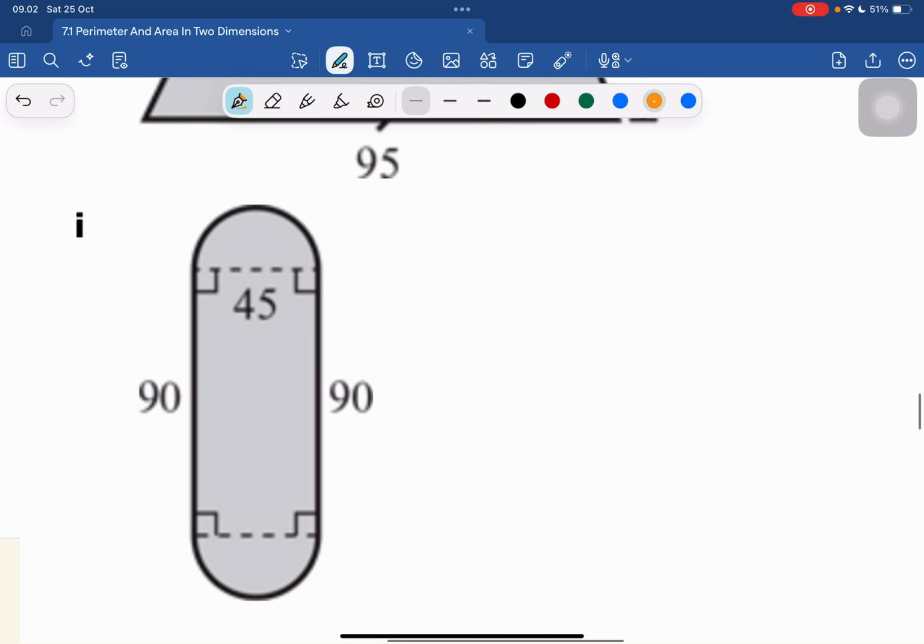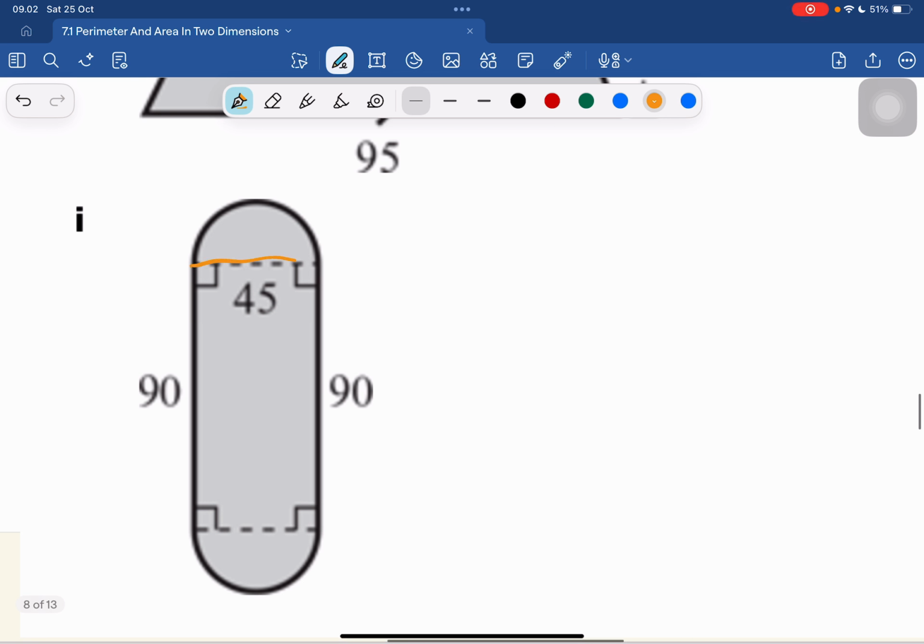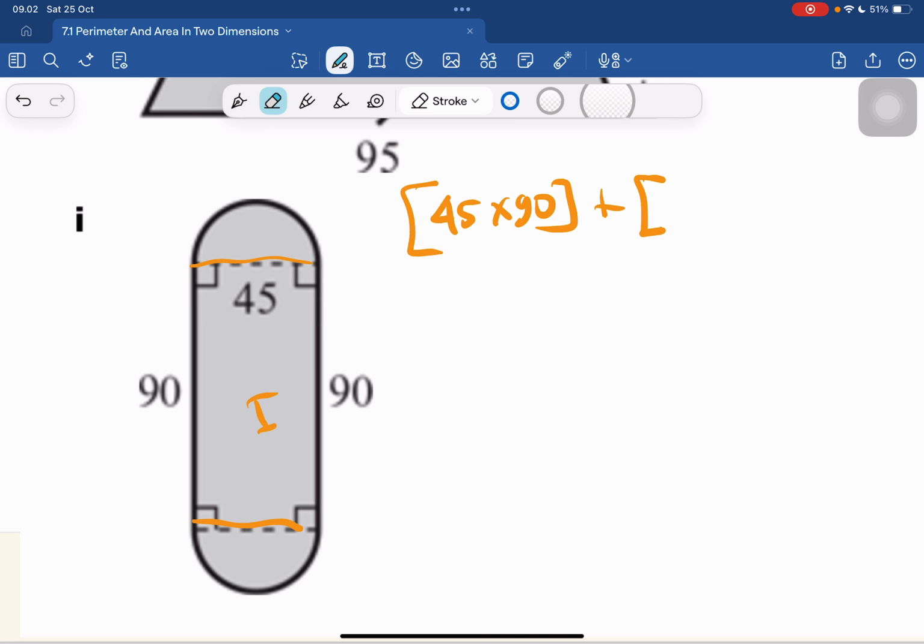Okay, next we got first this area is 49 times 90, a rectangle, and plus with the circle. Okay, 45, we can make it a half of 45 here. 45 pi times, because this is one circle, so 45 divided by 2 is gonna be 22.5 square.